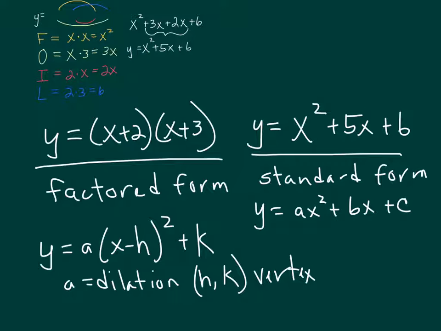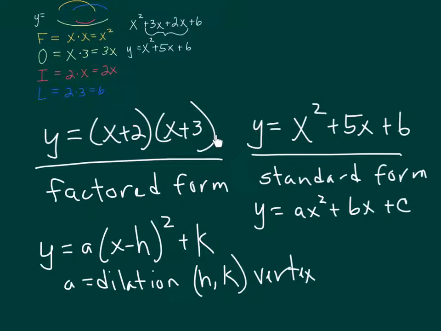So we started with a factored form this time and we converted it to a standard form. There's some information that we can gather out of the factored form that we can also gather out of the standard form, but we need to be able to go back and forth between the two.